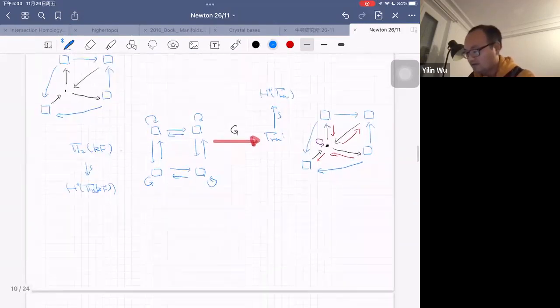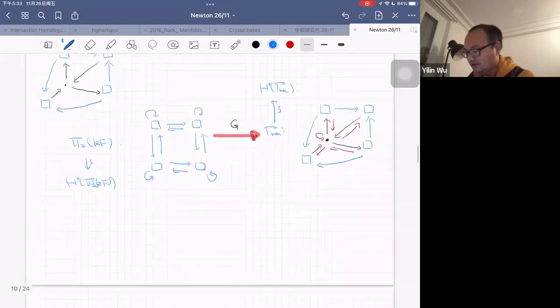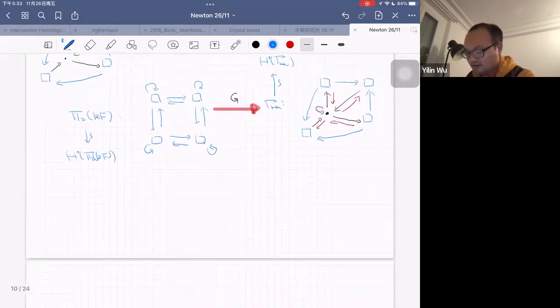So we have constructed a DG functor between two DG algebras, where we have the following remark.